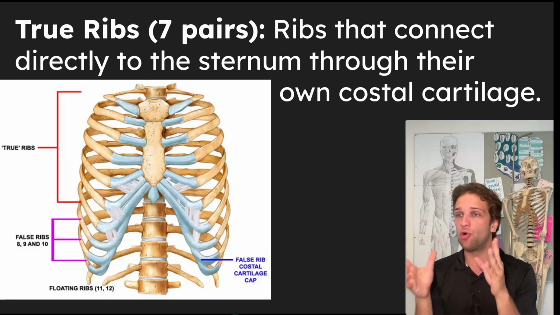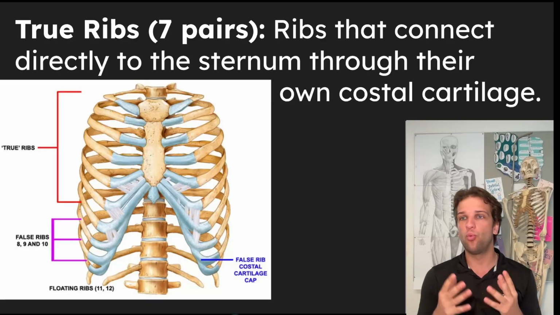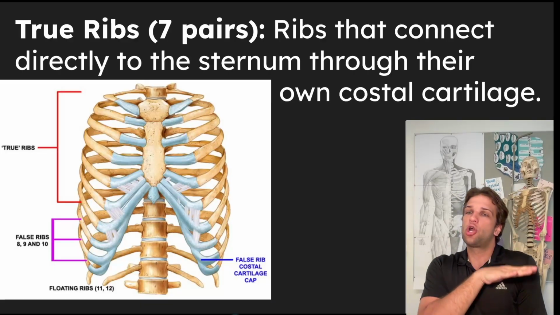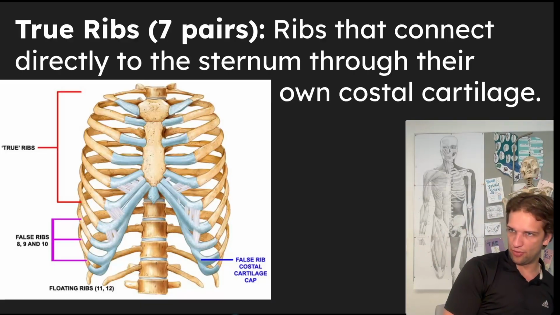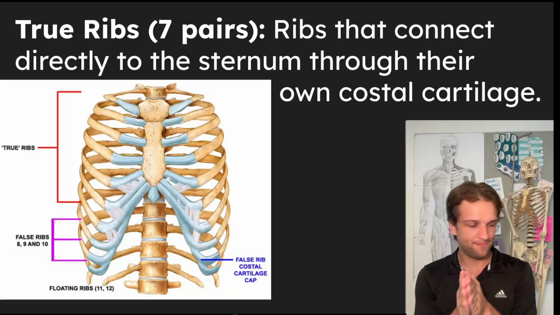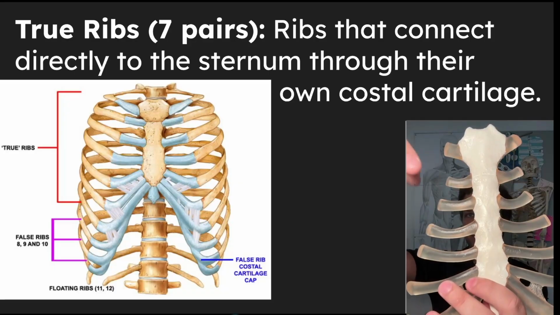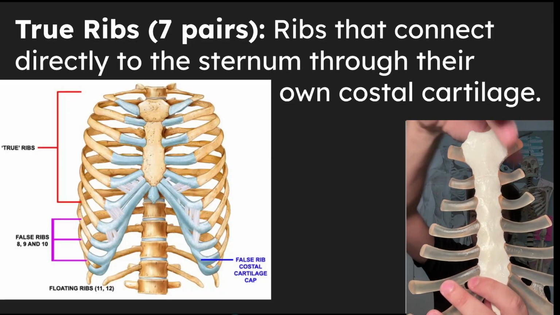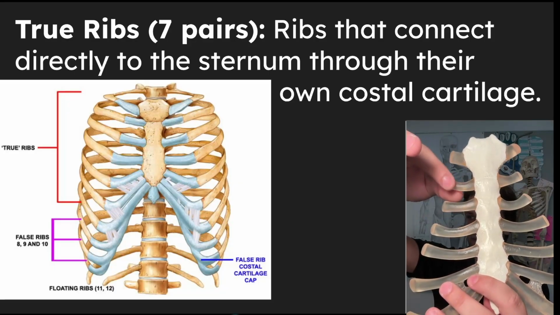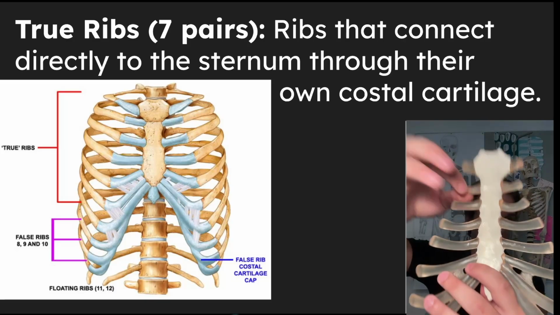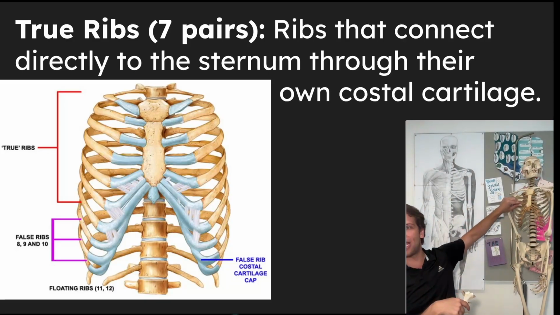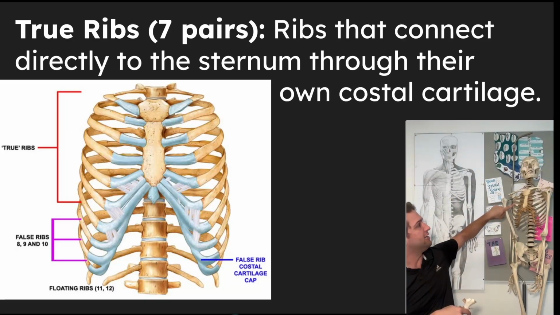Now we have our ribs. And in ribs, we have what are called true, false, and floating ribs. So we'll start with the true ribs. What it means to be a true rib is, see how we have the sternum and then one piece of cartilage, right? That one piece of cartilage is going to connect directly to one rib.